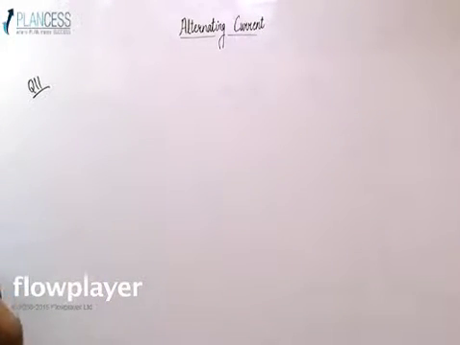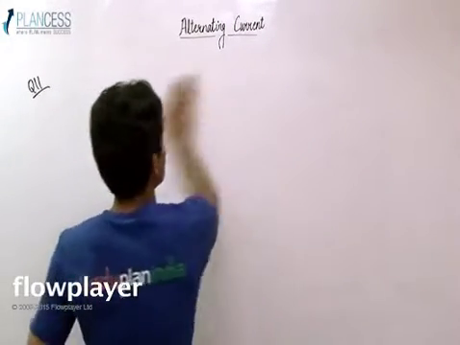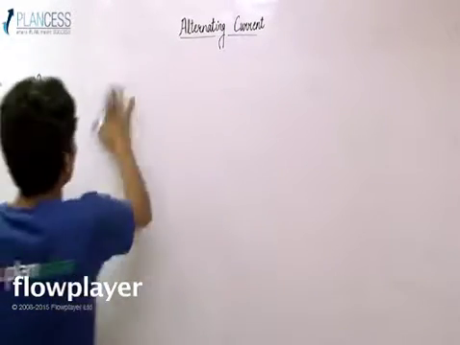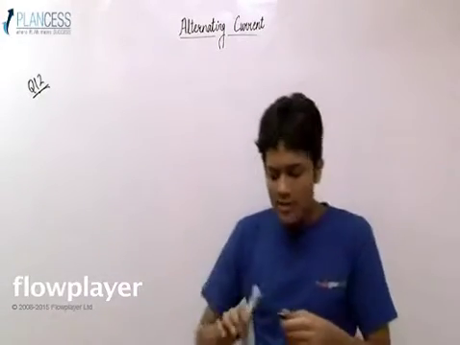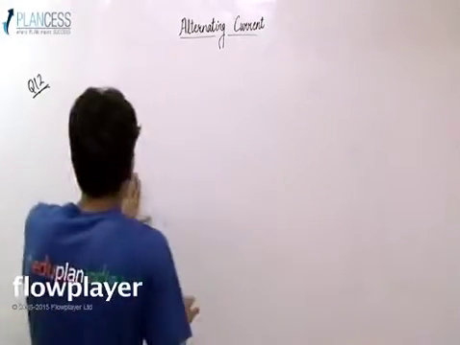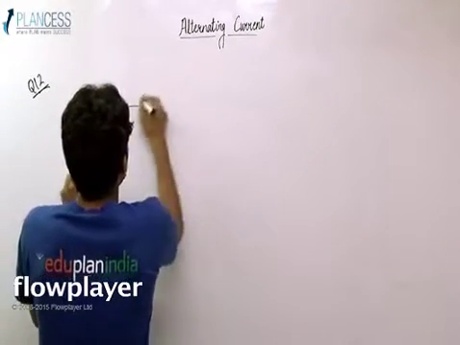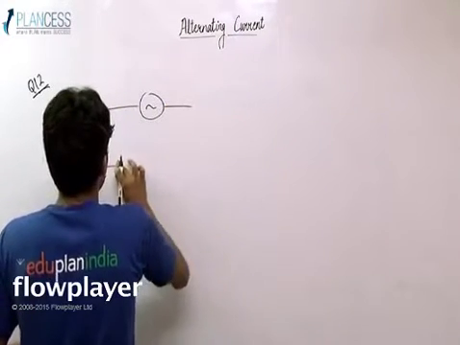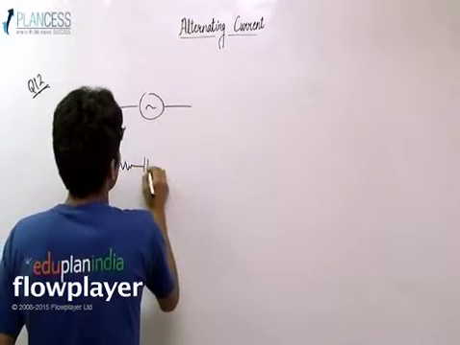Now the next question is, in a series LCR circuit the voltage across R and... This is a pretty good question. This is our question number 12, and sometimes students get confused in such things. In an RLC circuit, this really is a good question, in that many students get confused here.